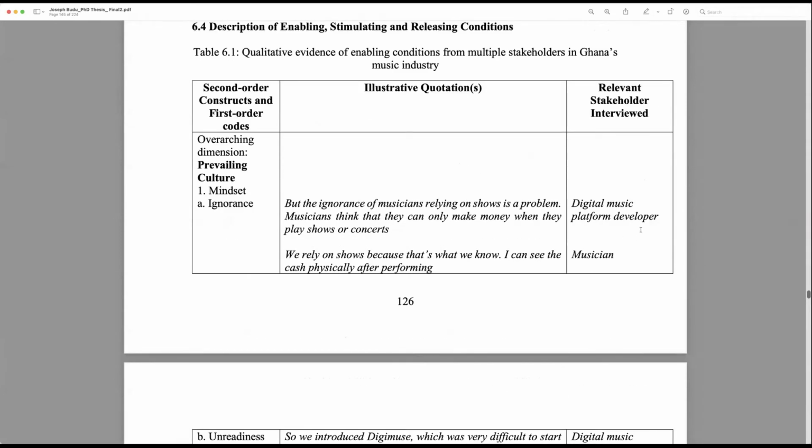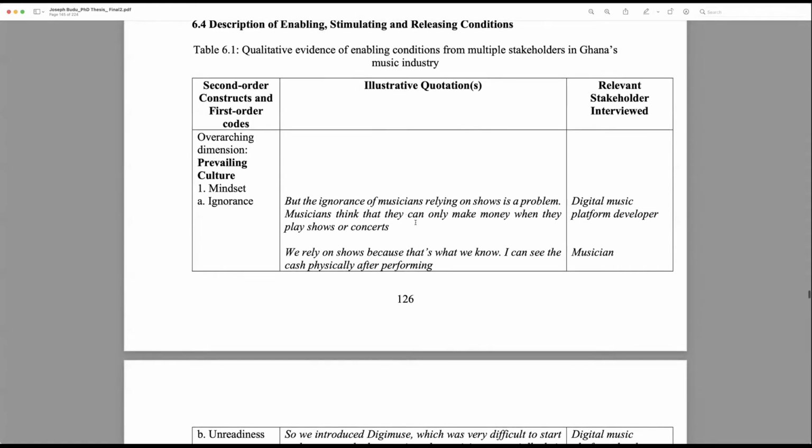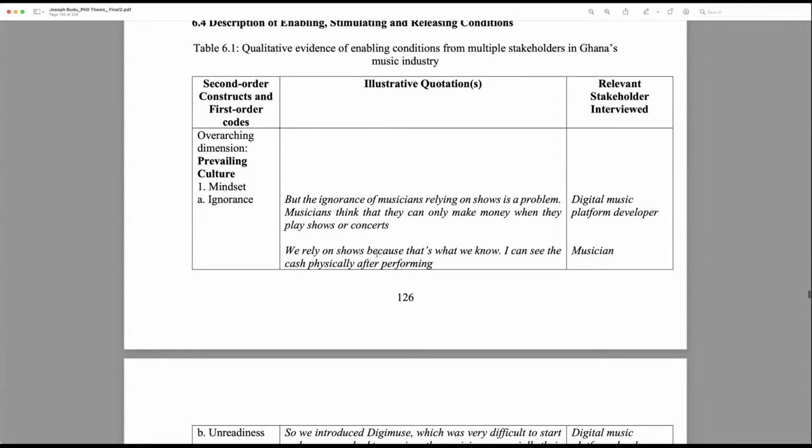This is the person he interviewed, a digital music platform developer, and then the musician. These quotations come from them. The question is about enabling conditions in the music industry. The ignorance of musicians relying on shows is a problem. Musicians think that they can only make money when they play shows or concerts. That's the music platform developer. Then the musician: we rely on shows because that's what we know. I can see cash physically after performing.